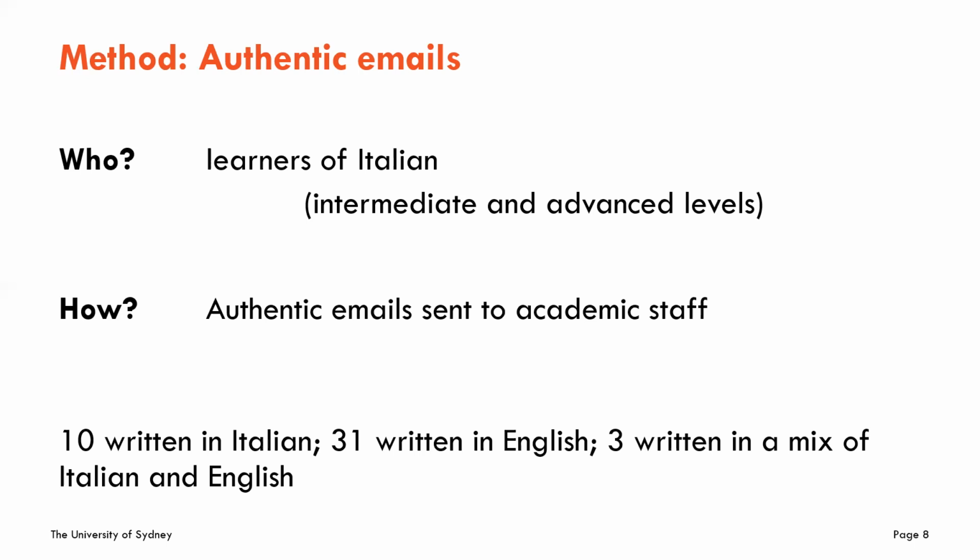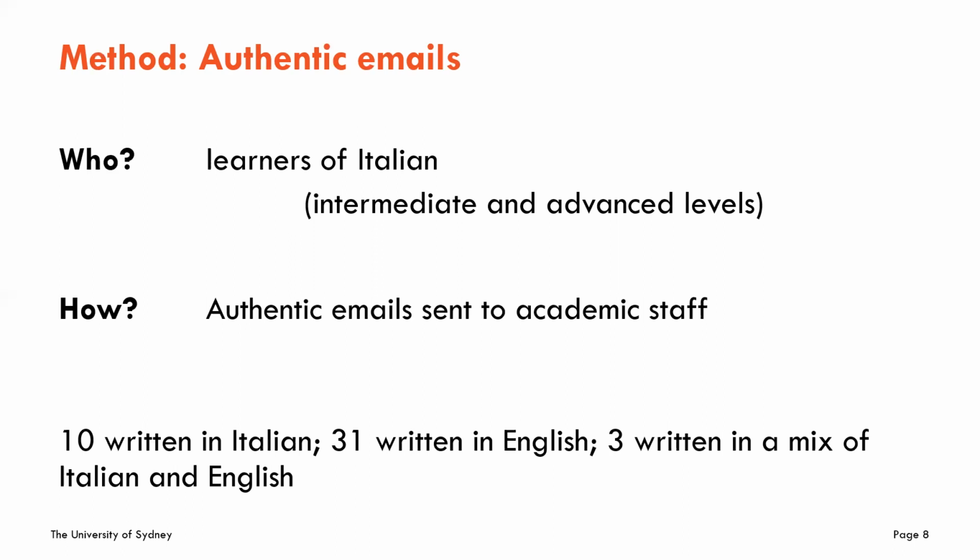But I do know that these are learners of Italian who are a comparable group to those who participated in the elicited task. And interestingly enough, 10 of these emails were written in Italian, 31 were written in English, and 3 were written in a mix of Italian and English. And that will come into play a bit later on.